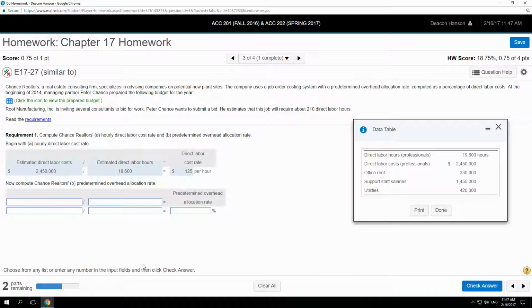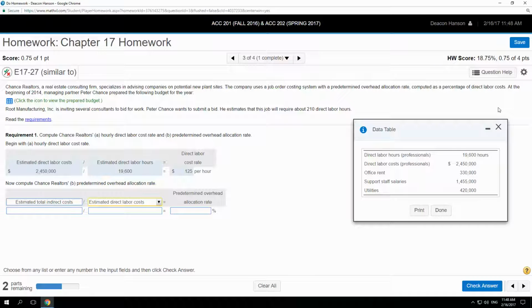We got our estimated indirect costs, and we're going to divide it by our estimated direct labor cost, not hours, okay? Because that's what it says over here, direct labor cost up in there. Okay, so we got to add up the three indirect items, which I have in blue over here.